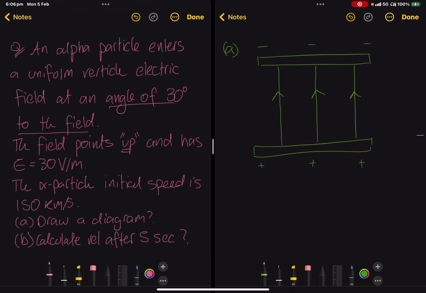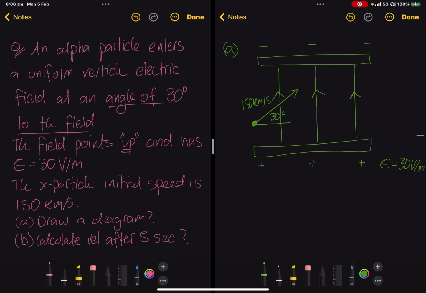So we have a particle, it enters a field, it's coming in sort of this way so that this angle is 30 degrees. We're told it has initial speed 150 kilometers per second. We're told the field strength E is 30 volts per meter. So this is pretty much what the setup looks like.